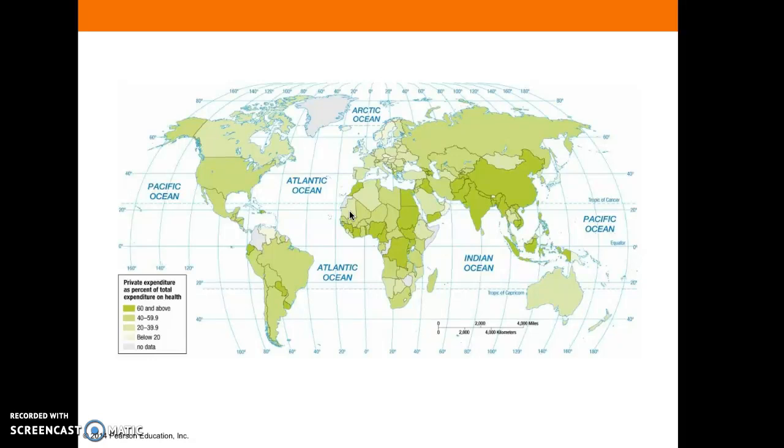Here you see private expenditure. What are individuals spending on their healthcare? You can see the U.S. is spending more money than Canada or Europe as individuals on our healthcare.